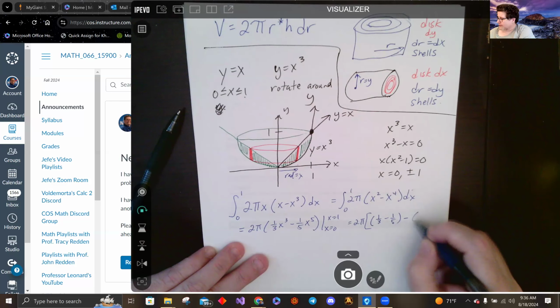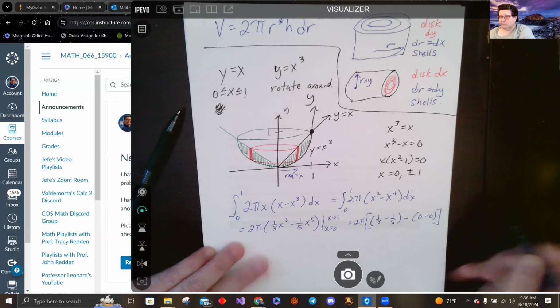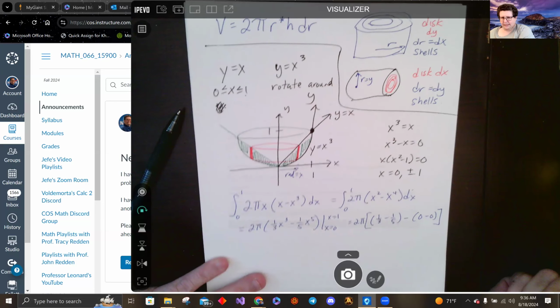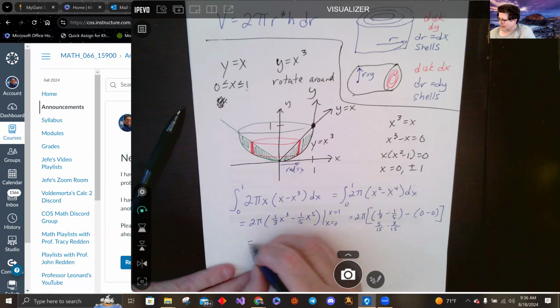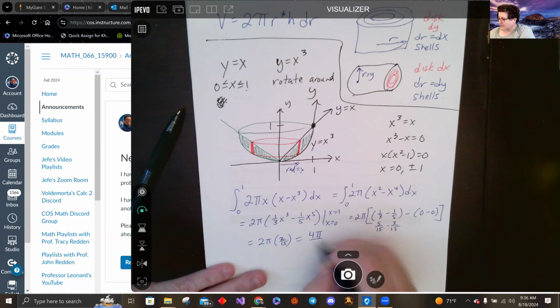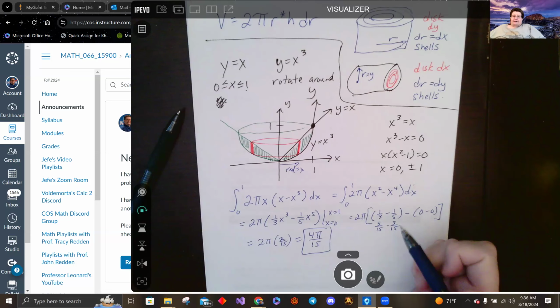When we stick in 0, we get 0 minus 0. This is 5/15 minus 3/15. So 2 pi times 2/15 is 4 pi over 15. That's the volume of that area.